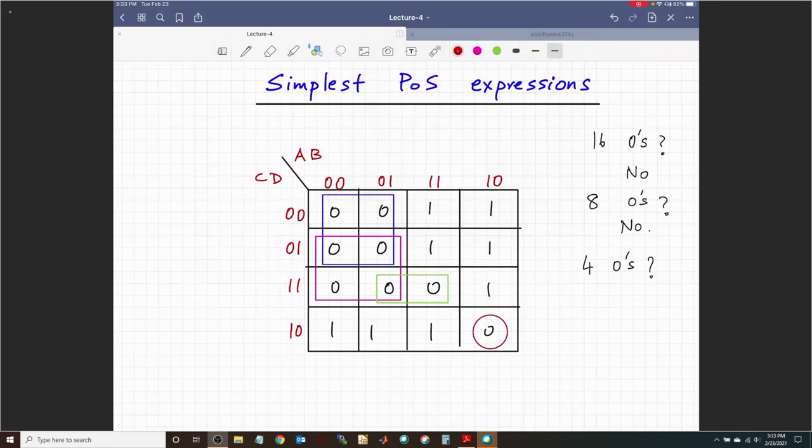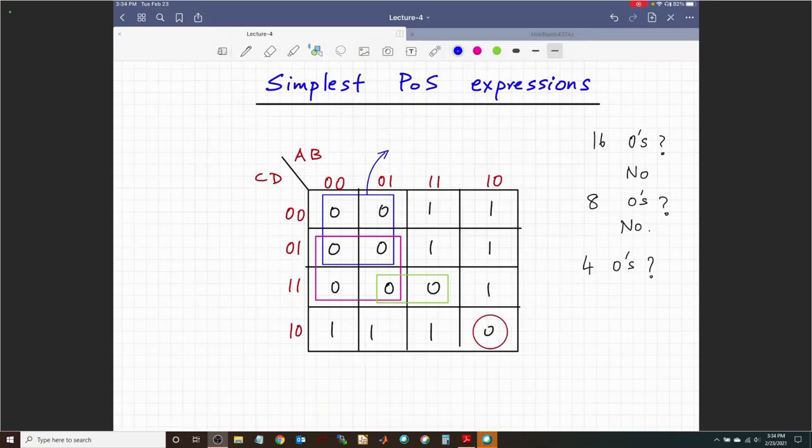Okay, so let's try to write the sum terms. We have a group of 1. Now, instead of writing the product terms, we are going to be writing sum terms for each of the groups. So, for the blue box, for the blue group of 4 zeros, what would I write?